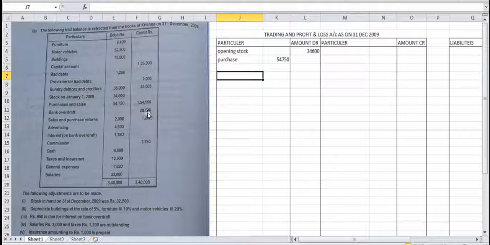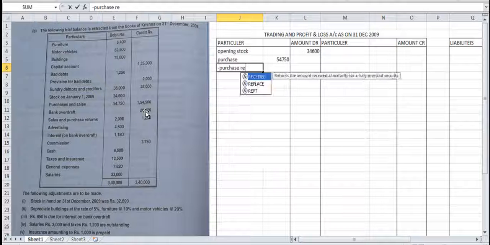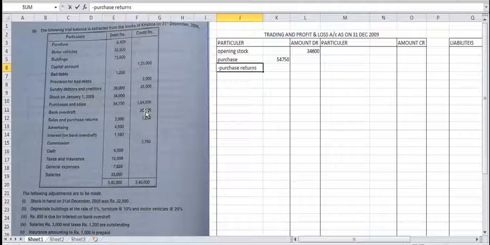Here is the purchase return, it will be on the credit side. Here minus purchase returns. Otherwise, if you remove this minus, you can also put it on the credit side.